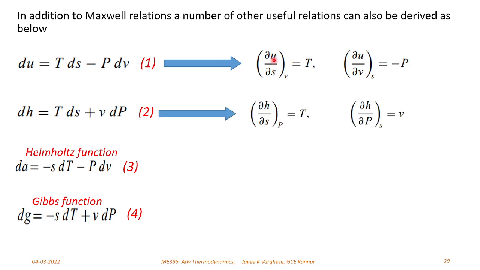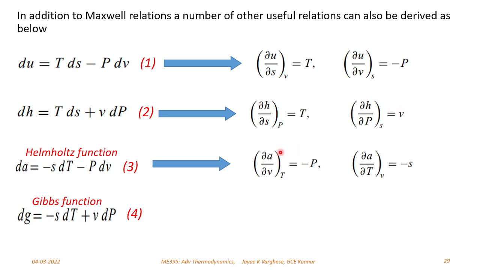Similarly, ∂H/∂S at a constant pressure is temperature and ∂H/∂P at a constant entropy becomes the volume. From the third relation, ∂A/∂V at constant temperature becomes minus P, and ∂A/∂T at constant volume becomes minus S. There may be some confusion when we try to write these equations, but if you make this equation, it can be easily written.